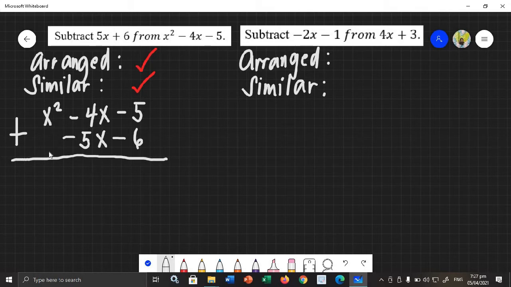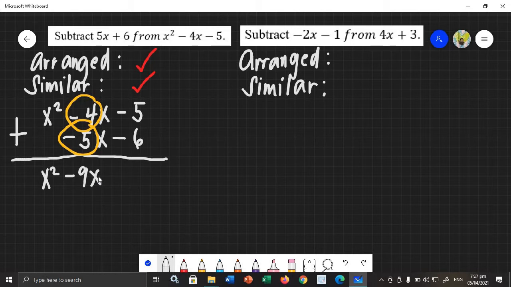So, we have x squared, bring down x squared, and then we need to add yung numerical coefficient ni x or nung may literal coefficient na x. So in this case, we have negative 4 plus negative 5. The answer is negative 9x. So basically, dapat yung knowledge nyo regarding integers is dapat alam nyo pa din hanggang ngayon.